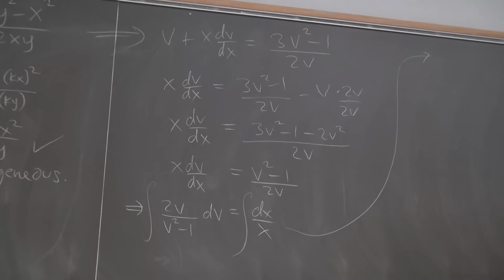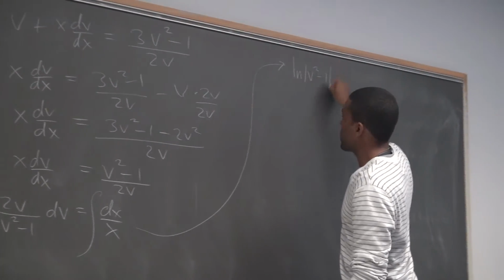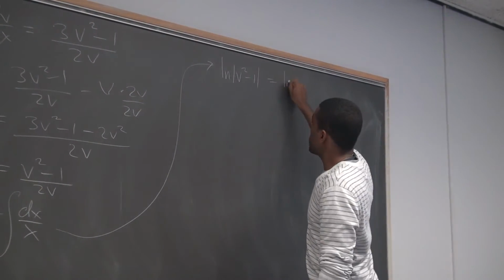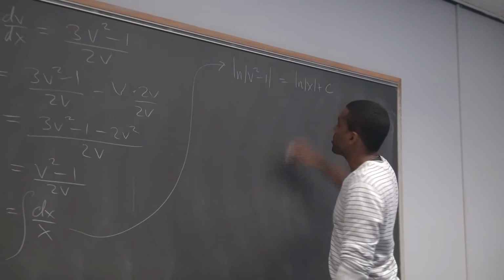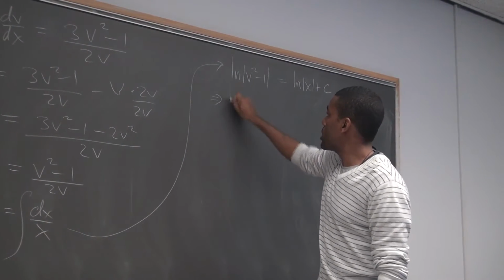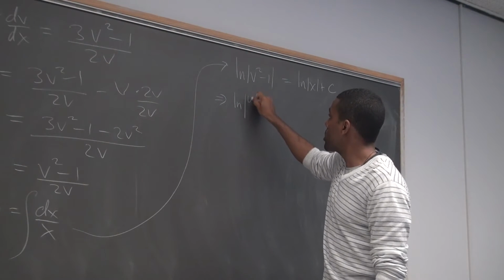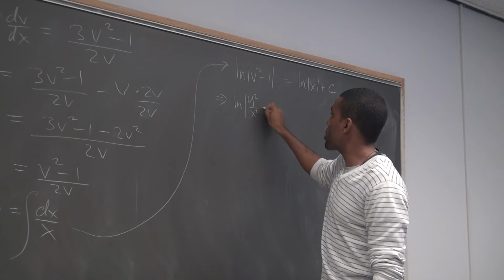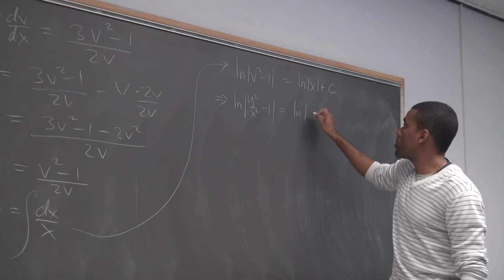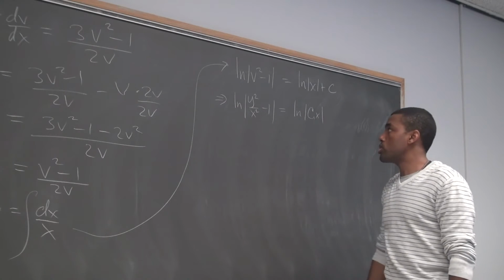Now I'm just going to integrate both sides. What's the integral of the left? ln of v squared minus 1, by substitution. This side gives you ln of x plus c. Here you can rewrite the v squared, so this is y squared over x squared minus 1 equals ln of, this I can write as some other constant times x if I so choose.